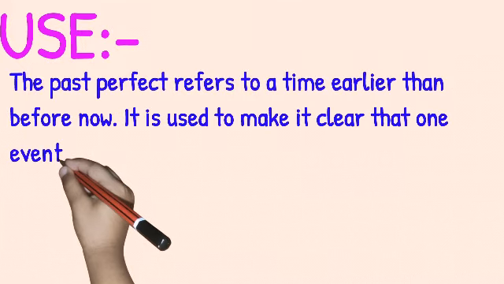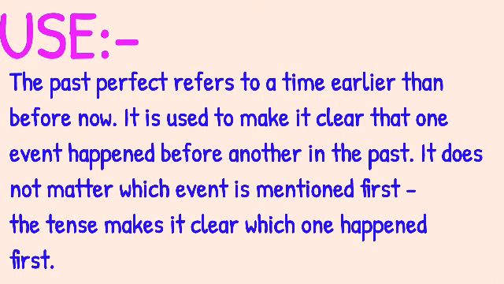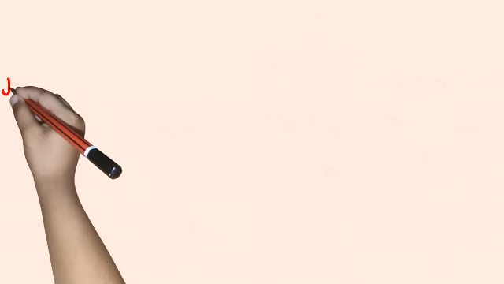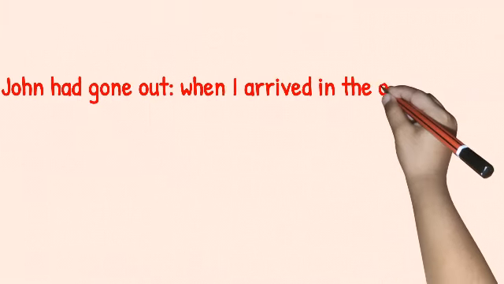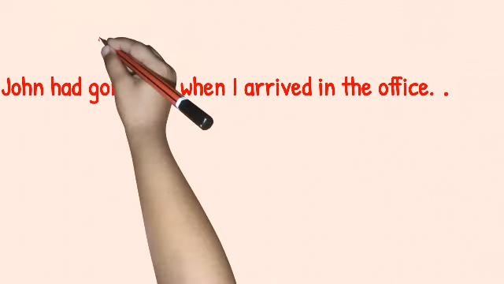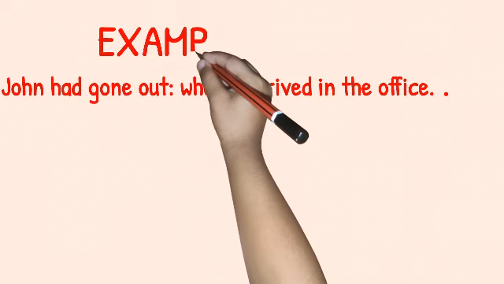The use would be: it is used to refer to a time earlier than another time. It is used to make it clear that one event happened before the other in the past. It doesn't matter which event is mentioned first. Okay? It means that the work which has already been done first will be expressed with the past perfect tense.